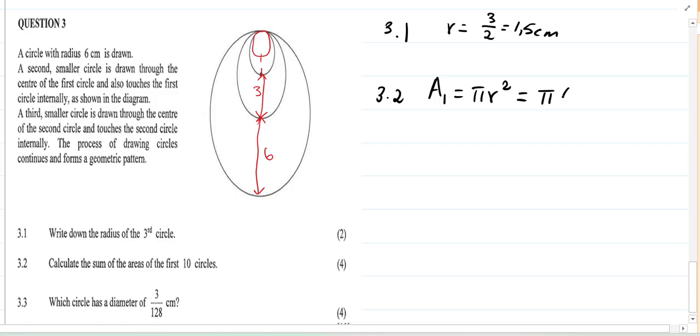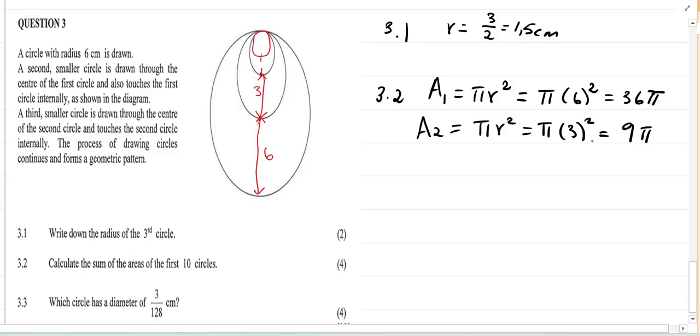So we are going to have pi, our r is 6 for the first circle, squared. So this is going to be 36 pi. The area of the second circle is pi r squared as well, and then our r is 3 squared, meaning that the area is 9 pi.